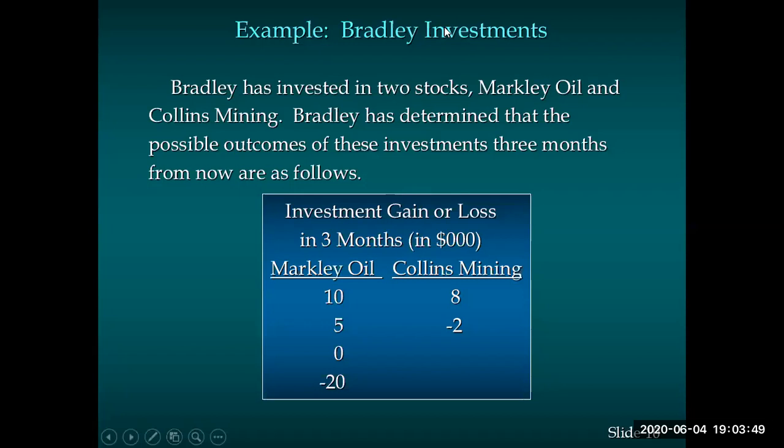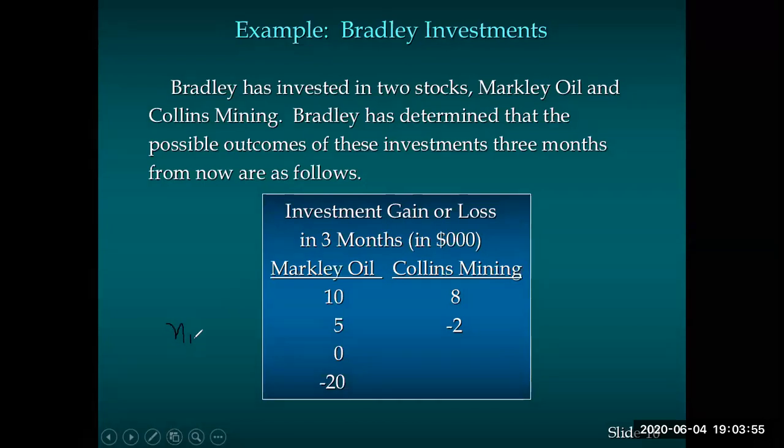So in probability, if you want to see the total outcomes, N1 is usually the number of outcomes from the first experiment. I have 4 outcomes. And N2 is the number of outcomes from the second experiment. So these are 2 outcomes.